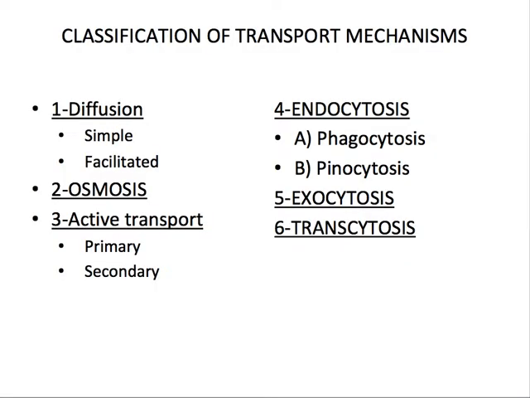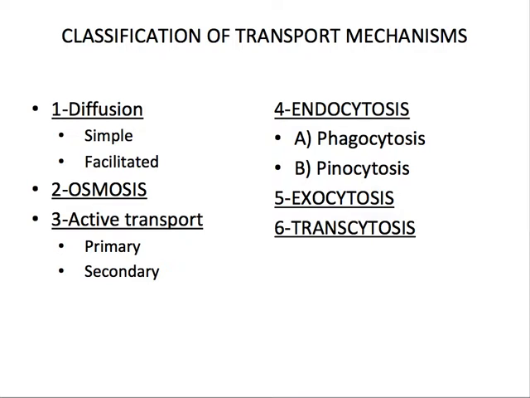Now here on the screen, you can see the classification of these transport mechanisms. And you can see that one of the mechanisms is diffusion, the other is osmosis, and then comes the active transport.